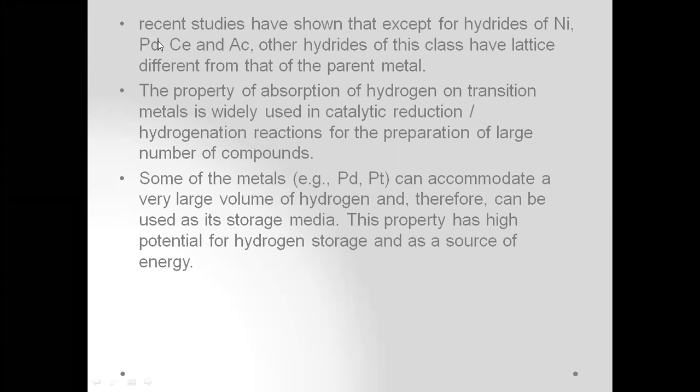Pd is the best catalyst, used in many reactions to increase the rate of reaction. So this is the catalytic property of D block elements, and they can reduce compounds in hydrogenation reactions, in which we prepare a large number of compounds.